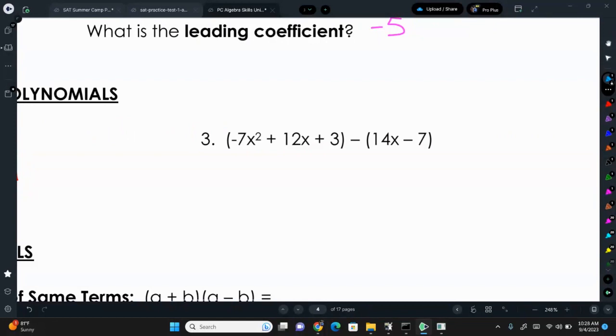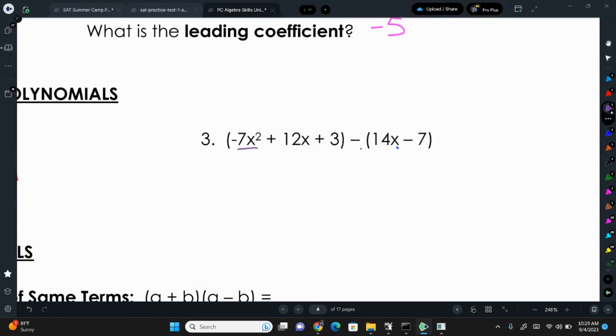Example number 3 here. Again, you could distribute the negative sign, or just know that you can combine like terms and make sure that you are minusing each of these things. Because what usually would happen is students will only take this subtraction sign to the 14x and then forget the -7. So if you want to distribute it, that's fine.